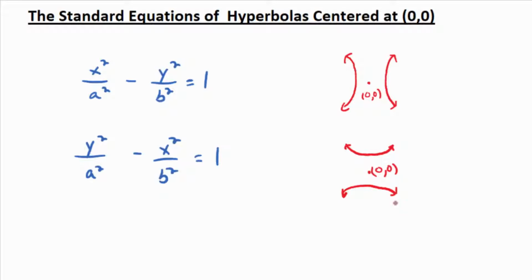If the x squared is positive, it opens horizontally. What does x control? Horizontal positions, right? So it opens left and right if the x squared term is positive. It opens up and down if the y squared term is positive. Y controls the vertical, right? So that's a way you can remember it.